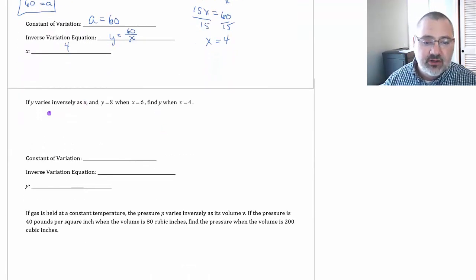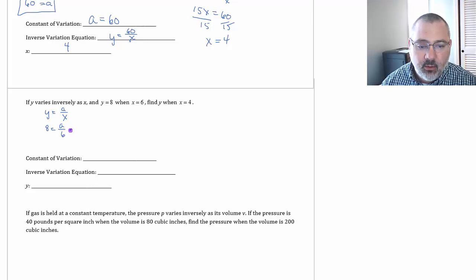Y varies inversely as x. Let's start off again. Y equals A divided by x. The constant of variation is A, so when y is 8, x is 6. We multiply by 6 on both sides and get 48 equals A. Next, our variation equation is just simply take the A and plug it into our equation.